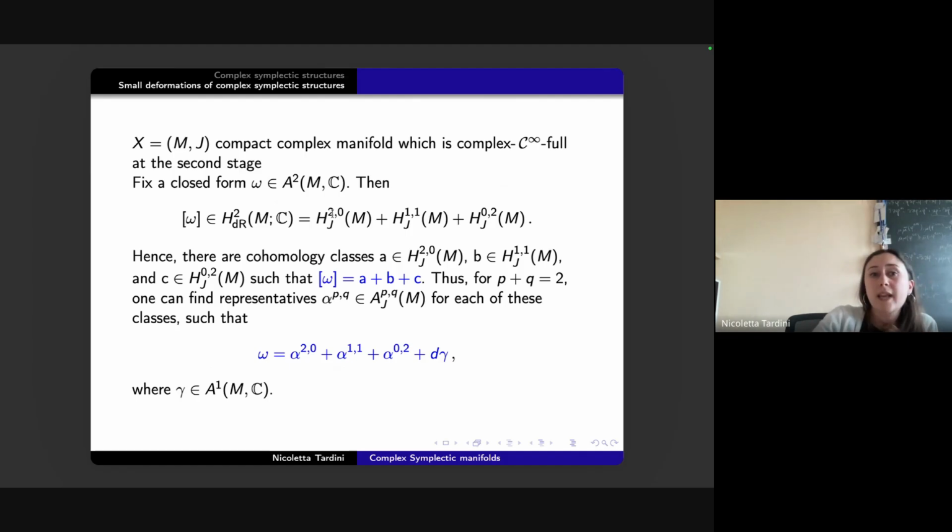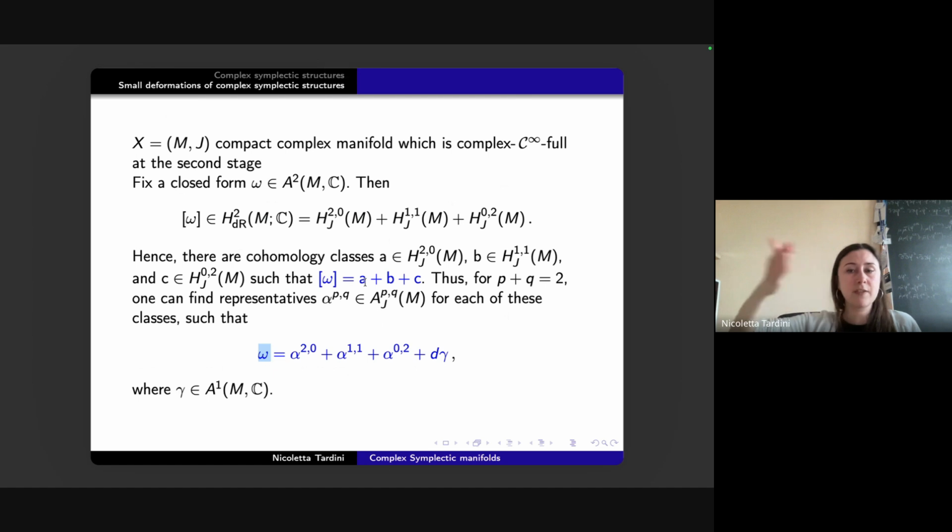But now we can decompose the de Rham cohomology with these spaces H^{2,0}, H^{1,1}, H^{0,2}, which means that if I have a closed complex-valued 2-form omega, then omega can be split as a sum of a 2-0 form plus a 1-1 form plus a 0-2 form, which are the representatives in the three classes.